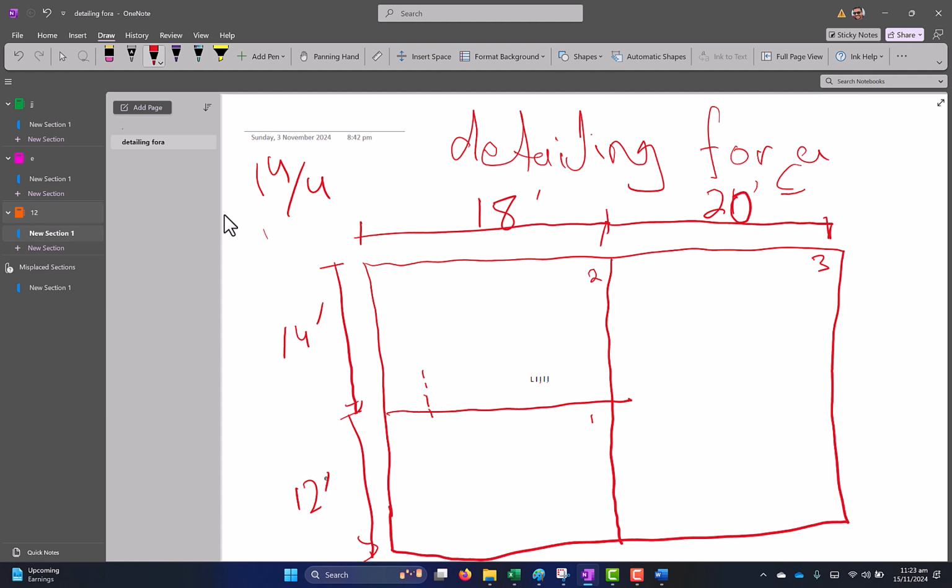ठीक है? And 12 का क्या बनेगा? Divided by 4? 3. So this will be 3 feet. So you have 3 feet here and 3.5 feet here. And now ये steel rebars कैसे डलेंगी? ऐसे डलेंगी, right?